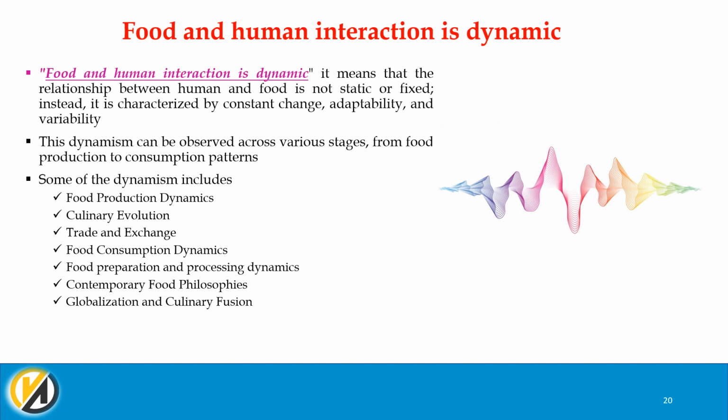Some of the dynamics include food production dynamics, culinary evolution, trade and exchange dynamics, food consumption dynamics, food preparation and processing dynamics, contemporary food philosophies, and also globalization and culinary fusion. Let's discuss each one by one.